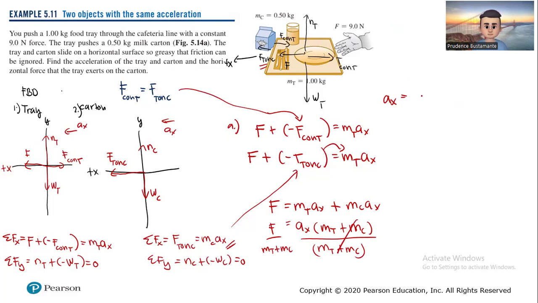So our acceleration is equal to the force, which is 9.0 Newton, over the mass of the tray, which is 1.0 kilogram, plus 0.50 kilogram.